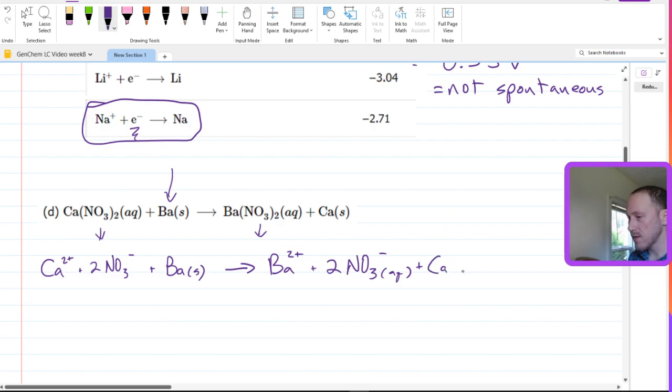And clearly the calcium is being reduced because it starts aqueous. Here we go. Gains electrons. Right? It looks like this barium must lose 2 electrons.